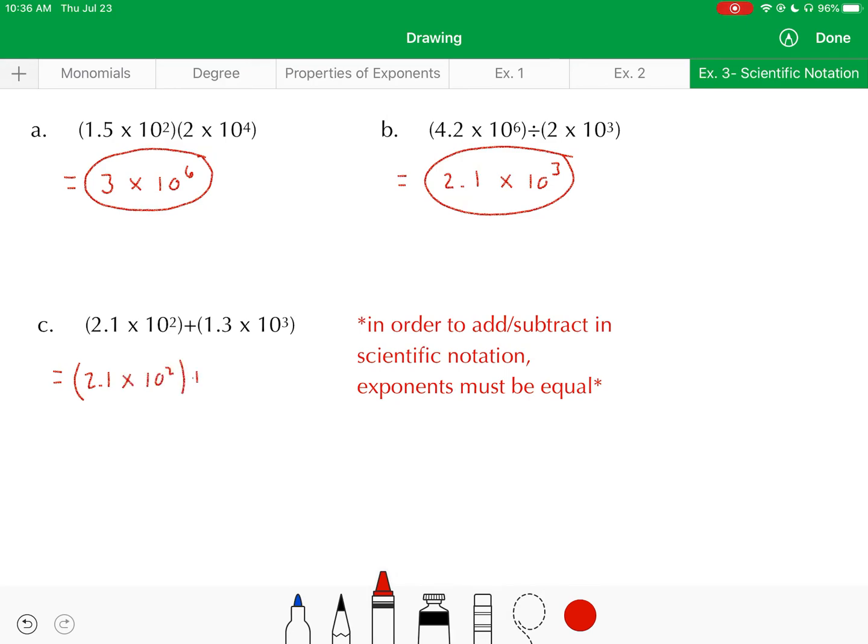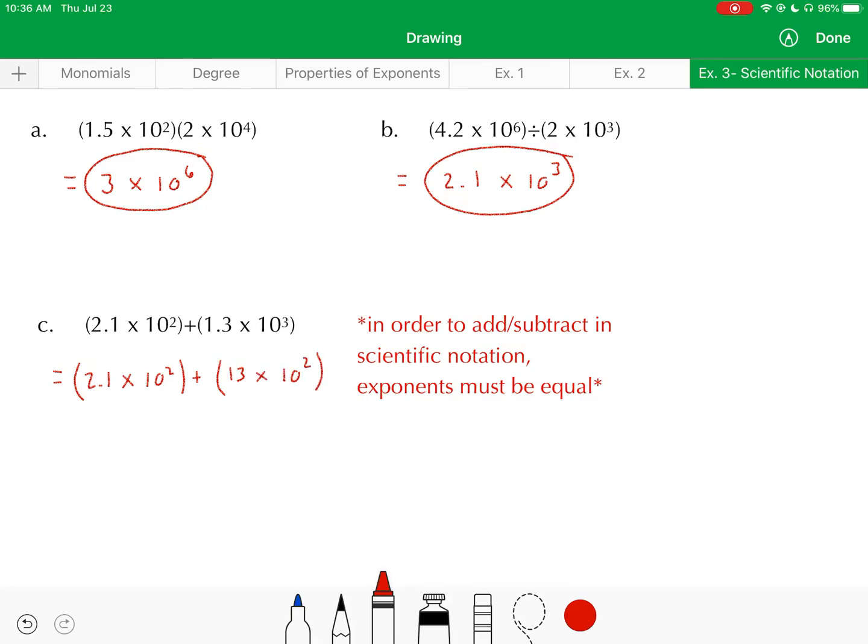And then if I want to change 1.3 times 10 to the third so that 10 is being raised to the second power, if I'm going to reduce the power, I need to increase the value of 1.3. So it's going to become 13 times 10 to the second.